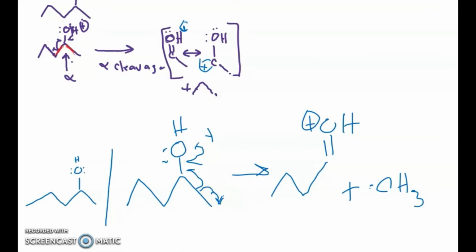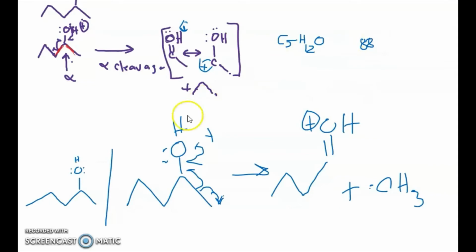Now the pentanol is C5H12O. So just using nominal weights in my head, the molecular mass is going to be 88.